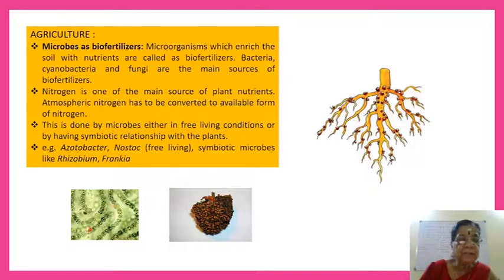They are filamentous free living structures, Nostoc. We have studied some reproductive structures, as they reproduce by zoospores, aplanospores, akinetes. Similarly, Nostoc will reproduce asexually by the formation of akinetes.